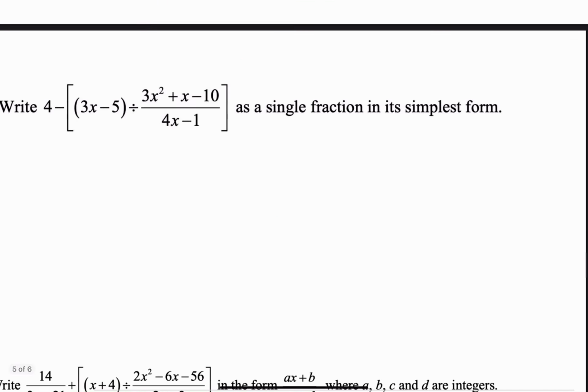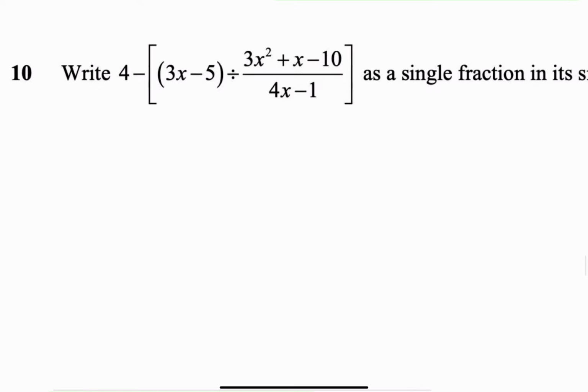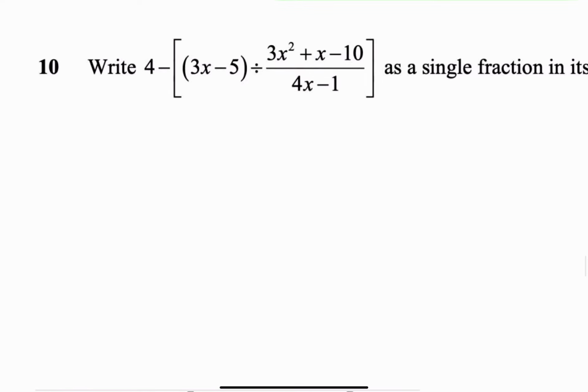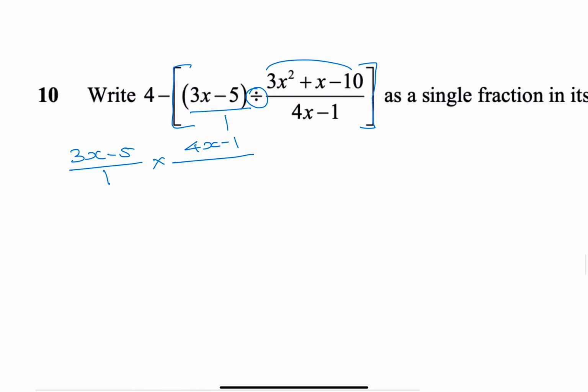Right. In order to do something like this, you will always do the bracket first. Okay? Like BODMAS, bracket. Cool. So 3x minus 5 over 1, right? Because it's technically over 1. No, we'll put it as a times sign. You switch it around, 4x minus 1 on the top over, what is this factorized? Well, 3 times 10 is 30. Factors of 30 that make 1x.